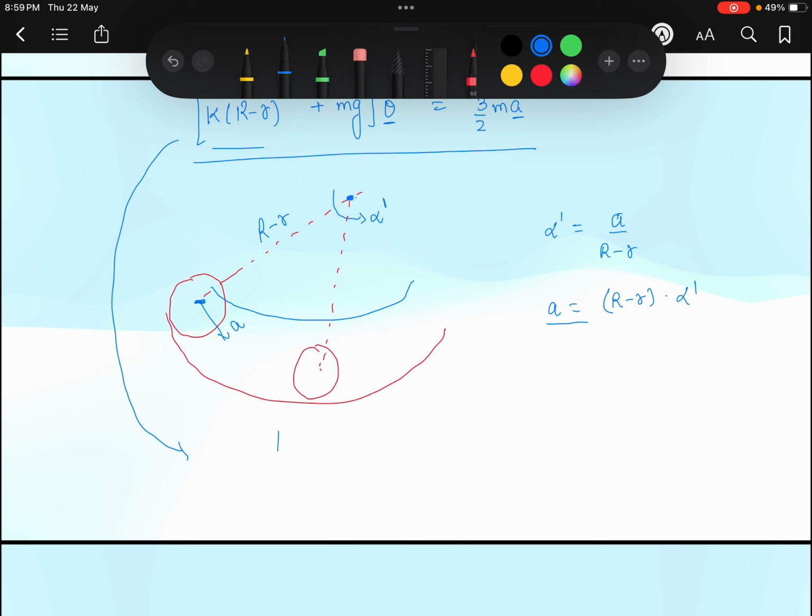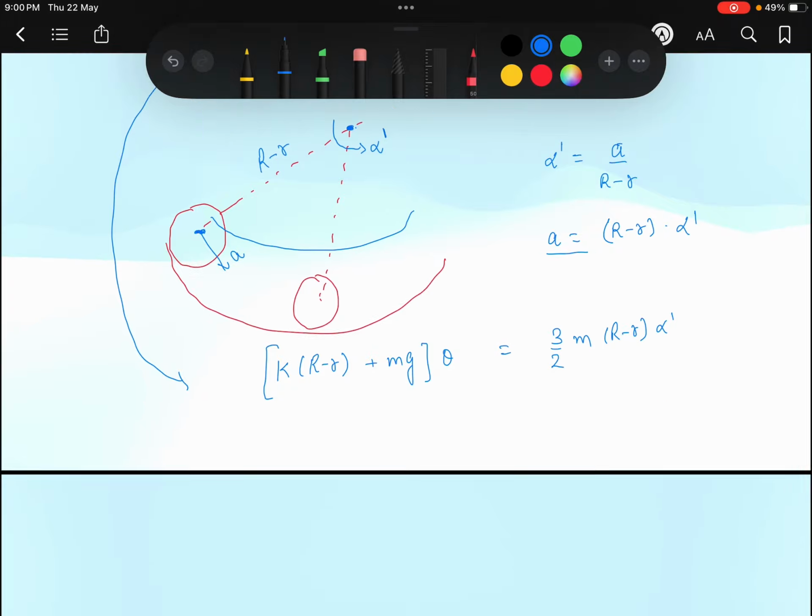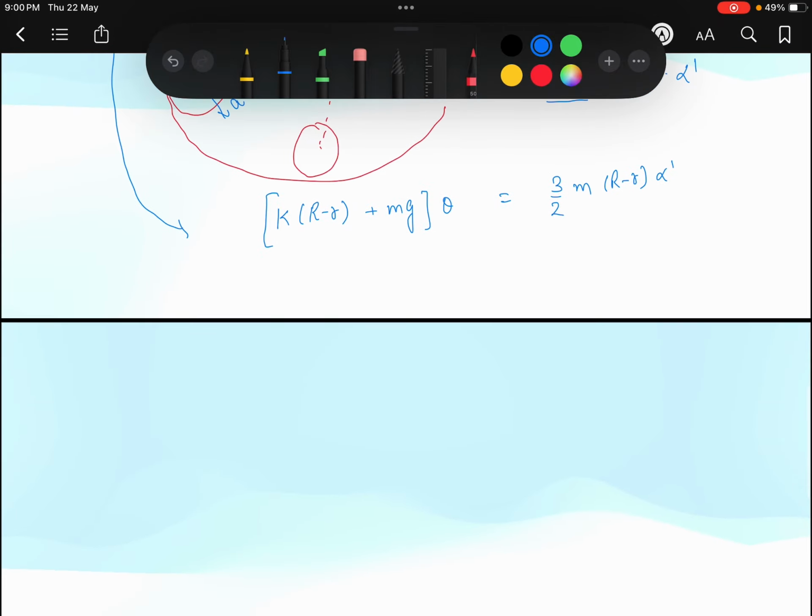So it will be equal to k into capital R minus small r plus mg into theta, and this will be equal to 3 by 2 m, and in place of acceleration we will write capital R minus small r into this alpha dash. Okay, so here we have to write down the value of this alpha dash.